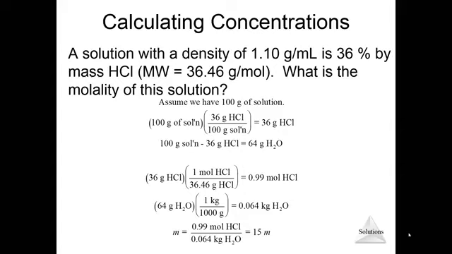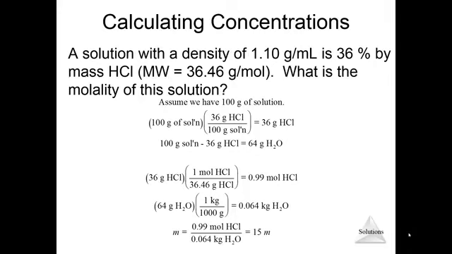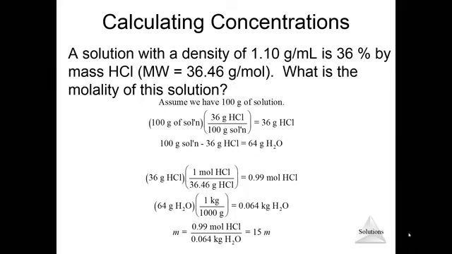Again, the 36 grams of HCl is 0.99 moles as we divide by the molar mass. Now we've got to take the 64 grams of water and convert it to kilograms. There are 1,000 grams in 1 kilogram, so we'll take 64 grams divided by 1,000 grams and get 0.064 kilograms.